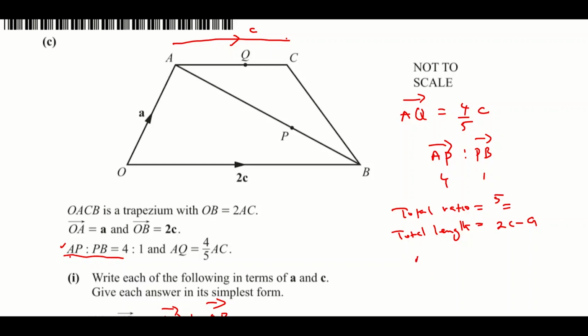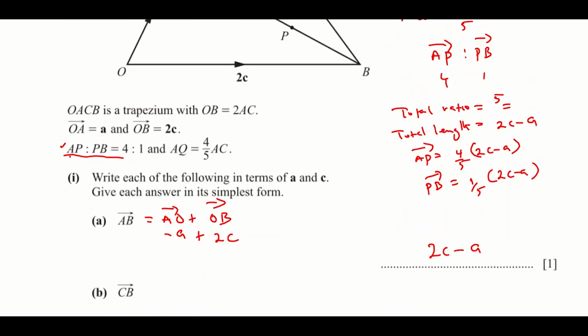AP will be equal to 4 over 5 of AB, so that will be 4 over 5 of (2C minus A). Then PB will be 1 over 5 of AB, which is 2C minus A. I can expand this later if I need to work with them.